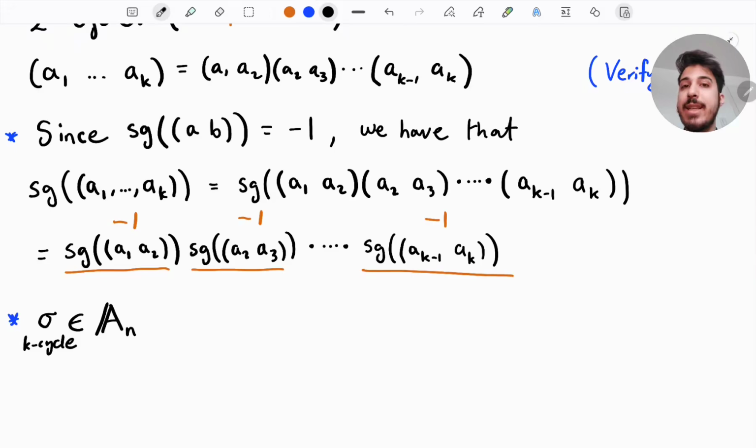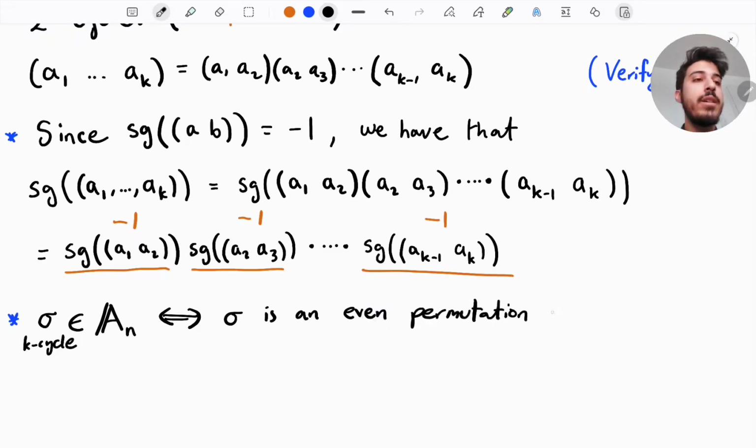So sigma is a k-cycle. If sigma is a k-cycle, it's in An, the alternating group, if and only if sigma is an even permutation. It's just another way of saying sigma is in An if and only if the sign of sigma is equal to 1.